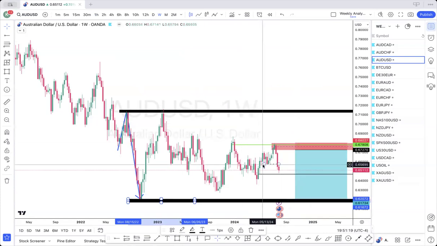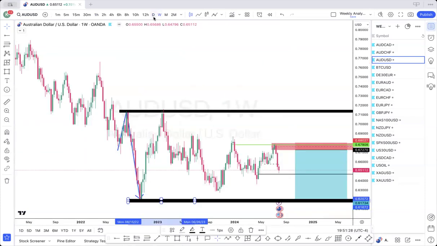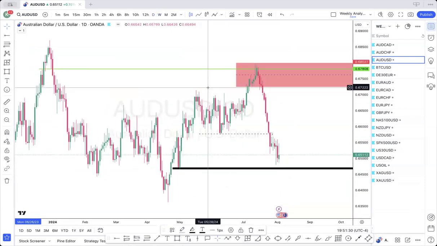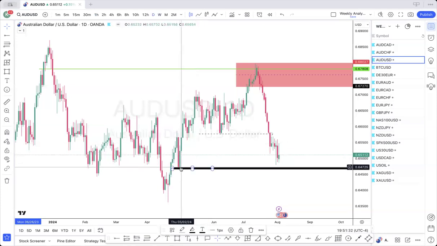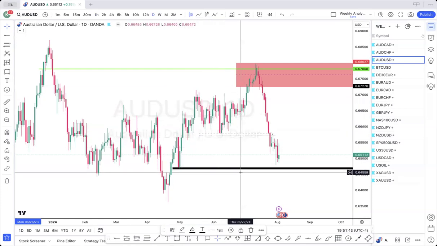So for the week, let's look at the daily. Okay, let's see what I did. Based on the daily, there's a strong key level here. Price came here, stopped, and then pushed up. So it reacted here and then pushed up.